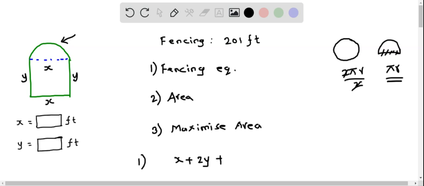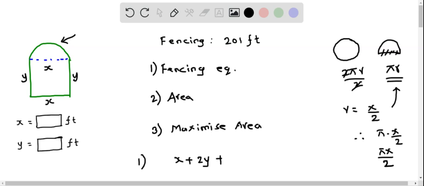And since the diameter of the semicircle is x, the radius of the semicircle is x by 2. This is the fencing required for the semicircle. Therefore the fencing of the semicircle is pi times x by 2, which gives pi x by 2.